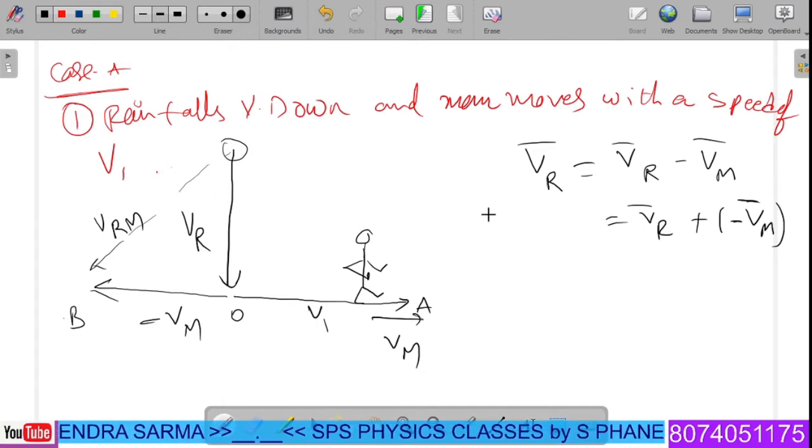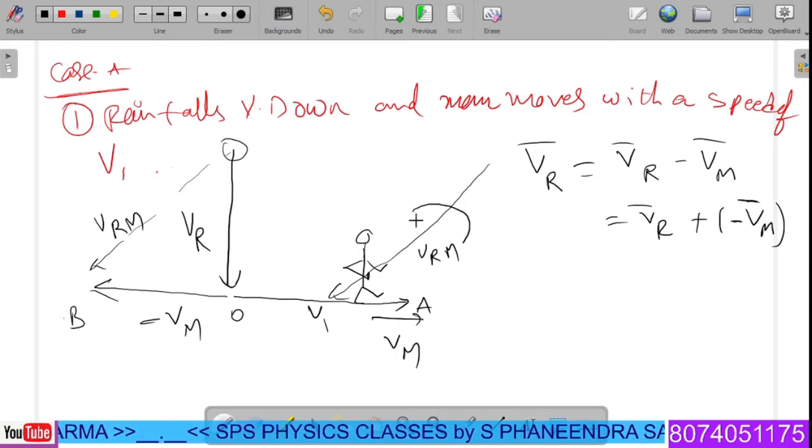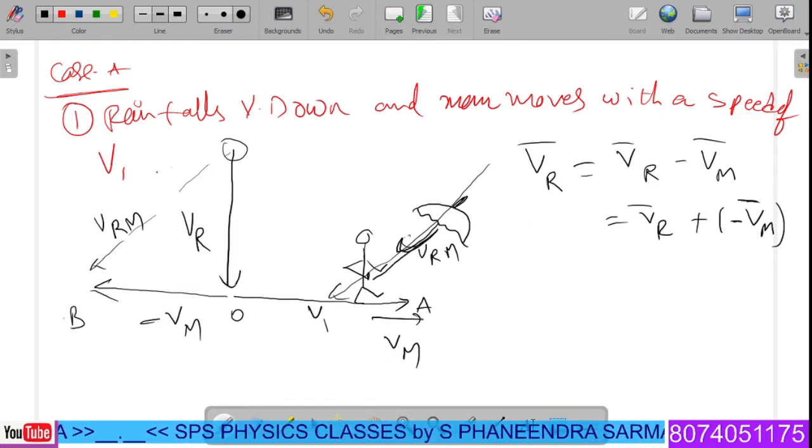Therefore, we just consider this parallel vector, which is called VRM. Now, to protect from rain, this particular person needs to hold an umbrella along this direction, so that he is protected from the rain.